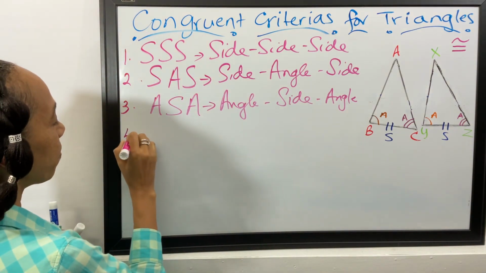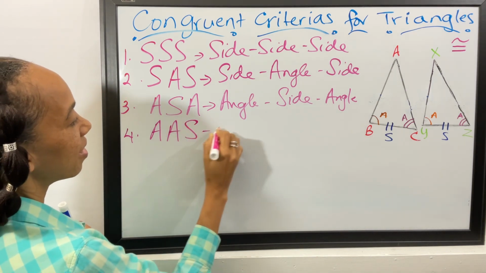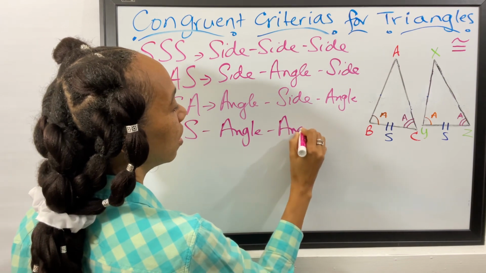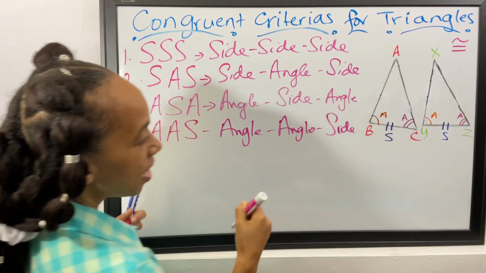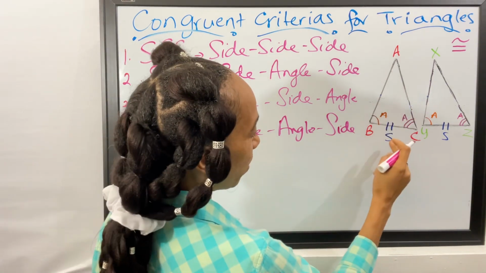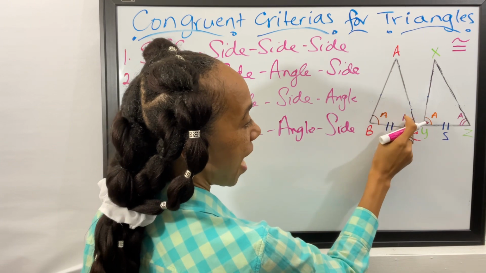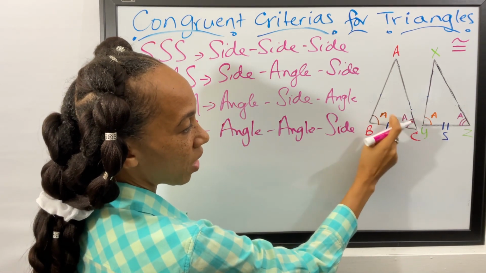Now the fourth one is AAS: angle, angle, side. Let's deal with angle, angle, side now. So we have an angle here, but we're not going to use the angle here, because this would be ASA.